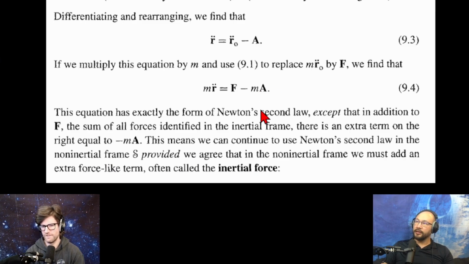Okay, so if I can read this correctly, the m r double dot is your true ma in the inertial frame. Agreed. F is the forces that you see, the real forces. Yep. And then the minus m capital A is all the forces due to the car's motion relative to the ground, which look like forces and accelerations to you, but are actually not real.